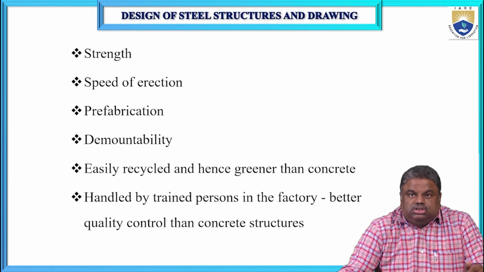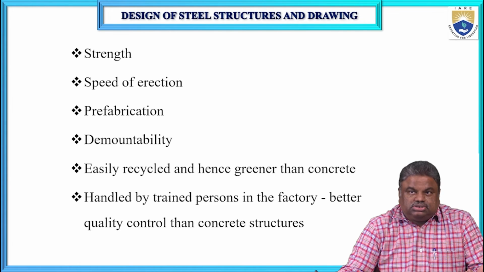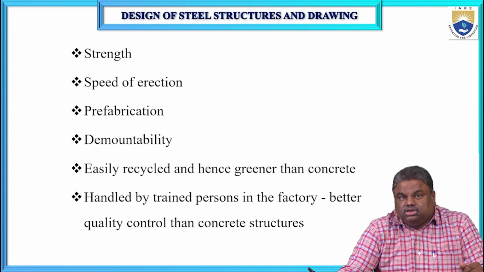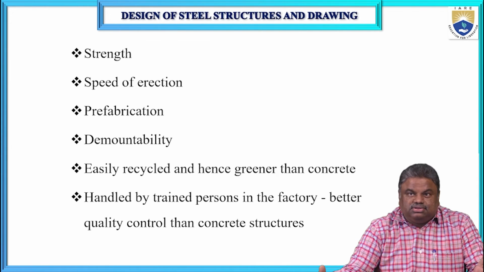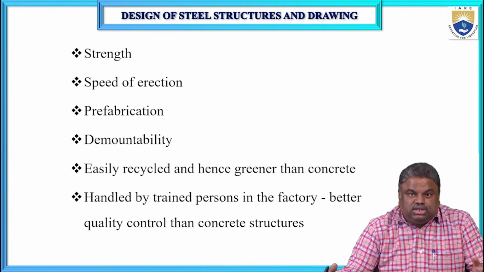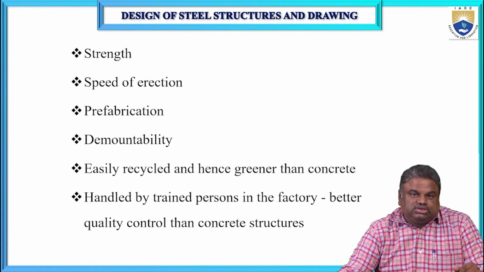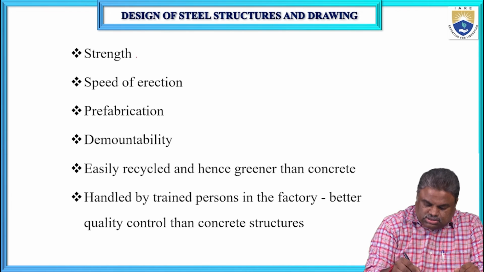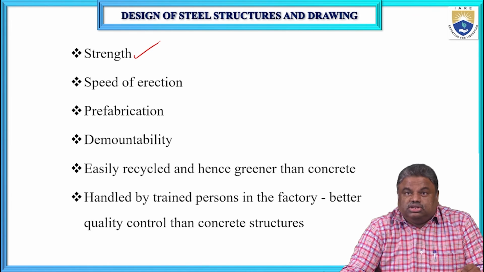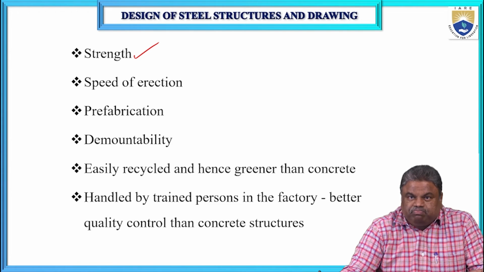So these are the advantages of the steel structures. What are the advantages? Why do we need to consider steel structures? Why does the client have to go for steel structures? The first one is strength. Strength is very high when compared to RCC structures, right?